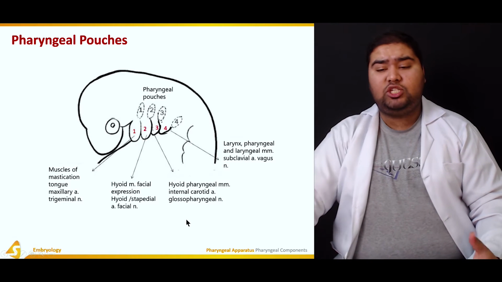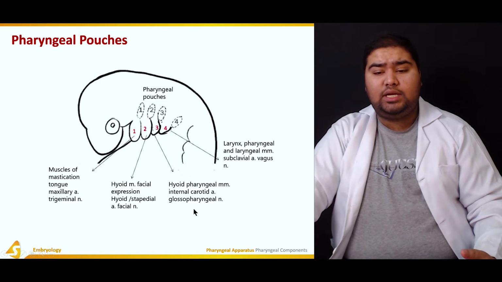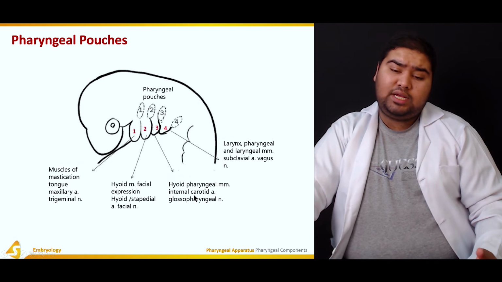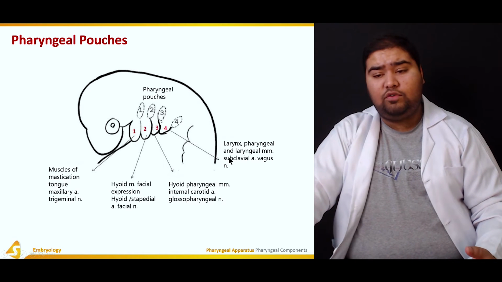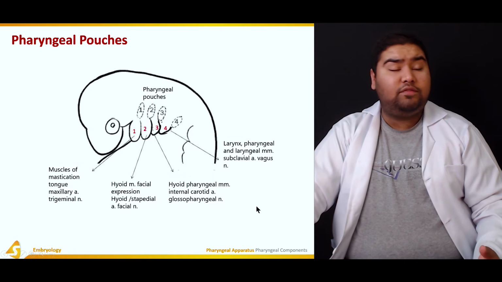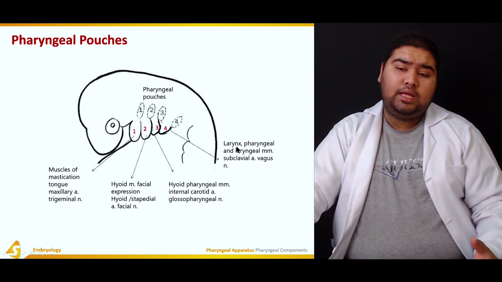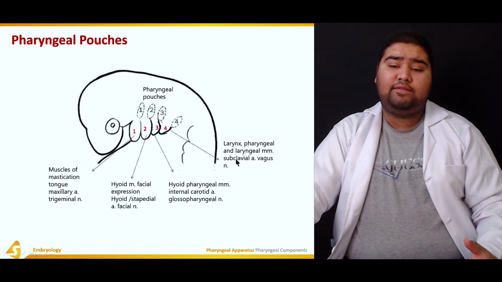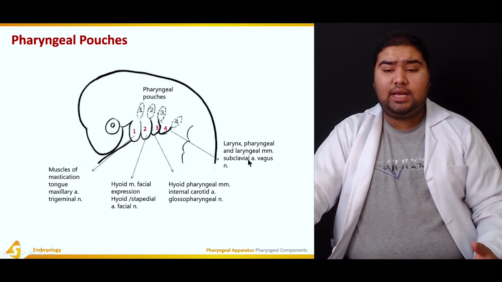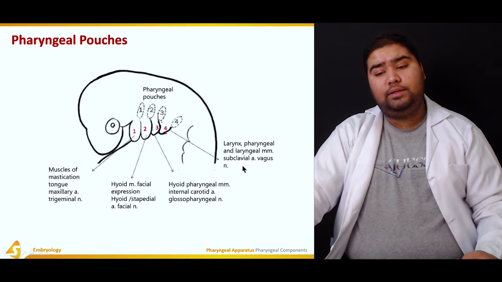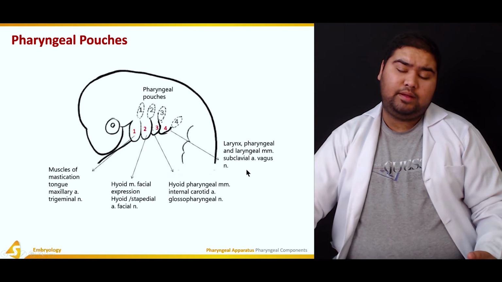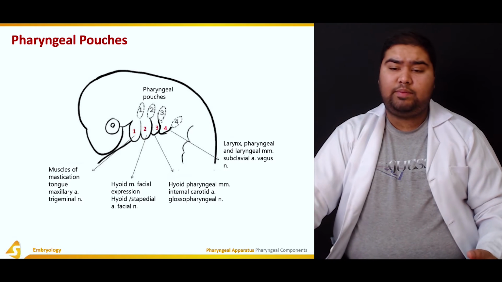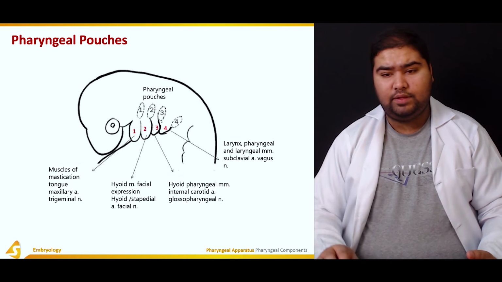It forms pharyngeal musculature. The artery is internal carotid and the nerve is glossopharyngeal. The fourth pharyngeal arch helps in the formation of larynx, pharyngeal and laryngeal musculature. It is supplied by the vagus nerve, the superior laryngeal branch of the vagus nerve.